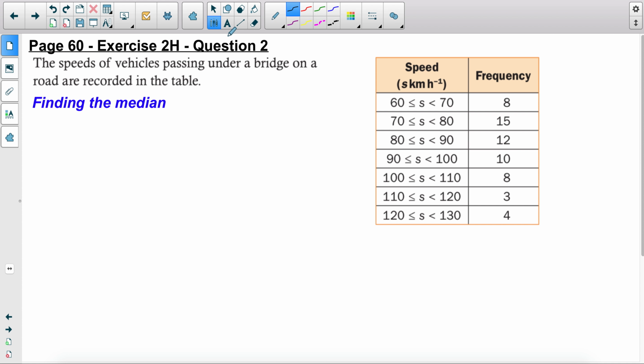So this extra step is called finding the midpoint. And you need to draw a column for it. Now, the idea of the midpoint is that the continuous data you have is always in the form of classes.